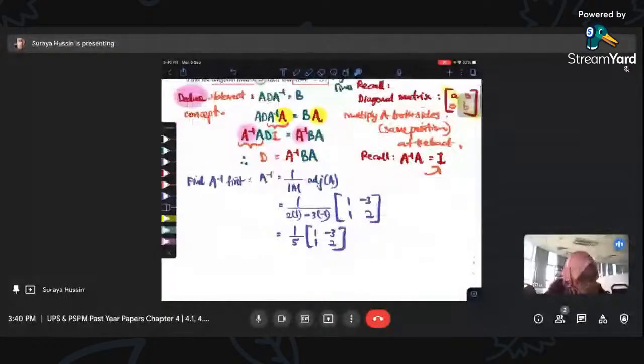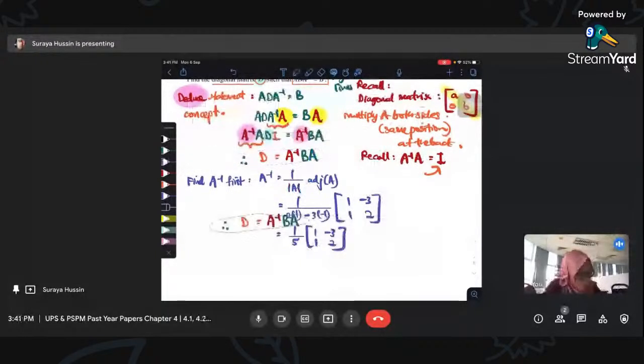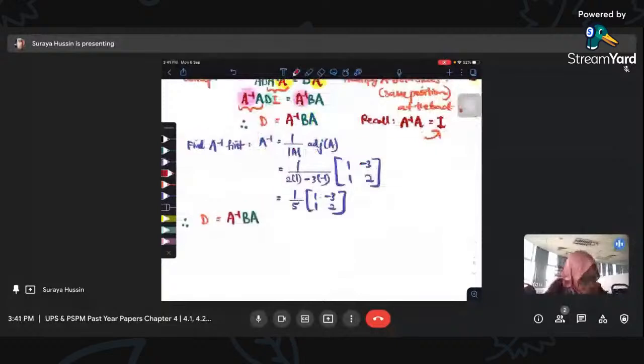And then barulah kita berbalik semula dengan objektif kita, iaitu kita nak mencari A inverse. So our A inverse is 1/5. We have found it already. 1, -3, 1 and 2. What is our B?